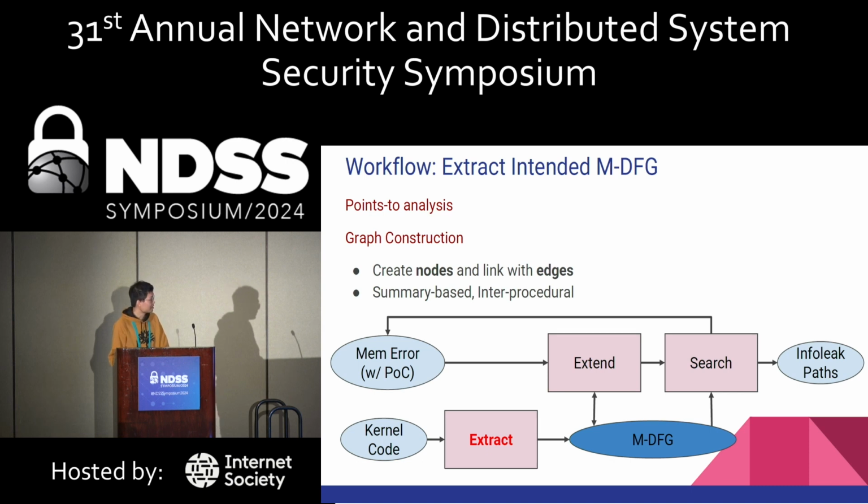So let me talk about the steps in detail. When extracting intended data flow, we need to first perform a points-to analysis for the kernel. After obtaining the points-to information, we construct a graph. We construct the intended data flow graphs. This is done by creating nodes and linking them with edges. And it is a summary-based interprocedural analysis.